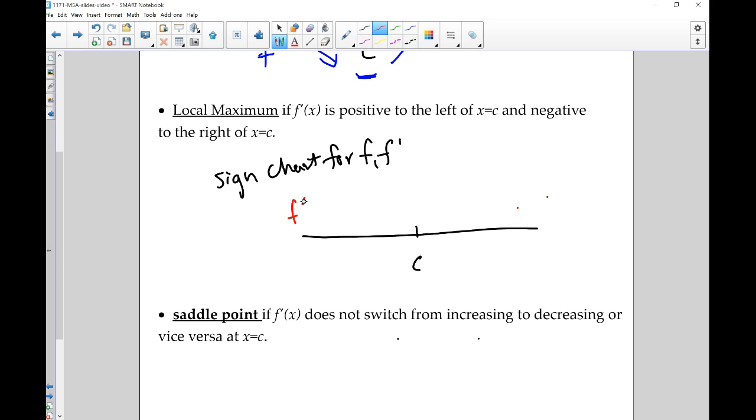For f prime, I'm going to have positive to the left and negative to the right, and so looking at the function itself, that would go from increasing, this would be 0, this would be flat, and then this would be decreasing. So I get a sort of hill shape, the top of a hill. Okay, and so that's going to be when there's a local maximum.